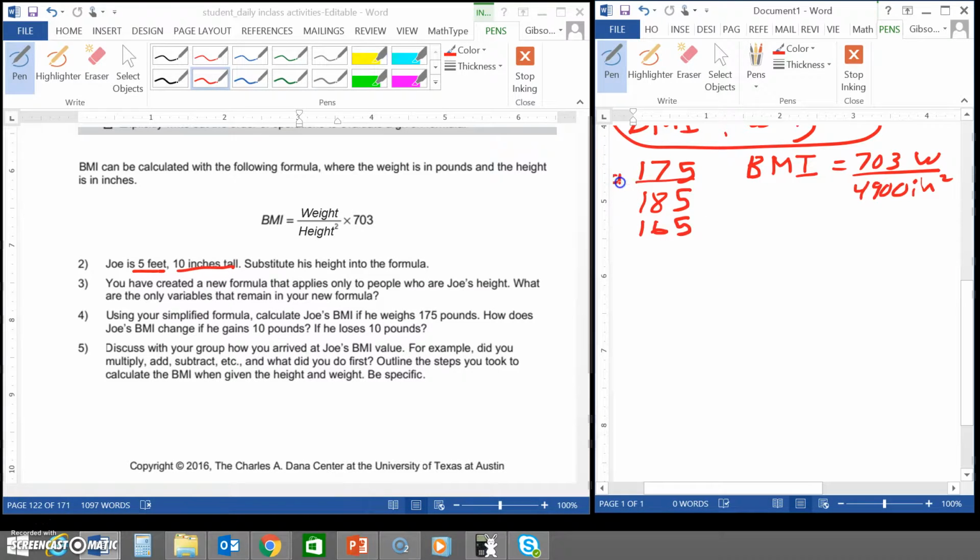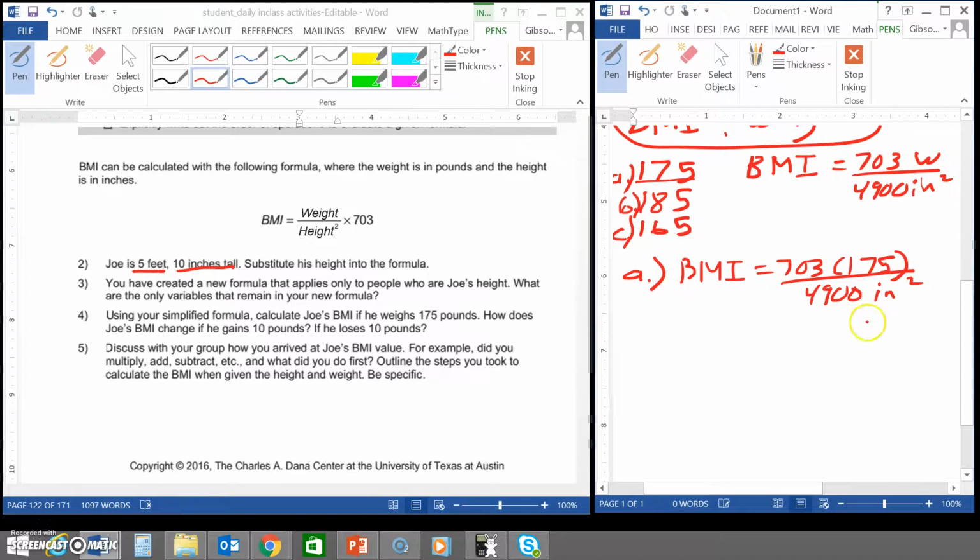And what I'll do, I'll list this as A, B, and C, so you'll know which one I'm doing for which. So for A, that's for 175. And remember, this is still part of problem number 4. So we will have the BMI is equal to 703 times 175 divided by 4,900 square inches.